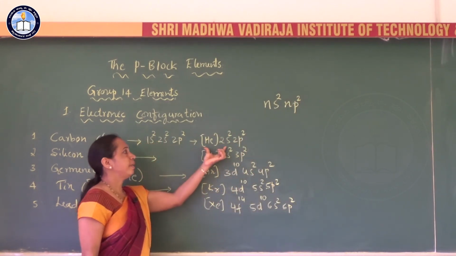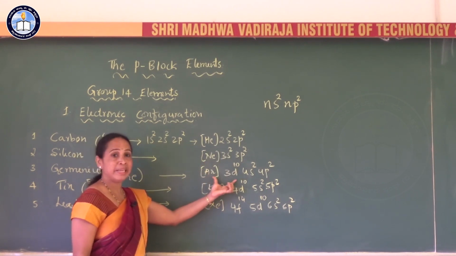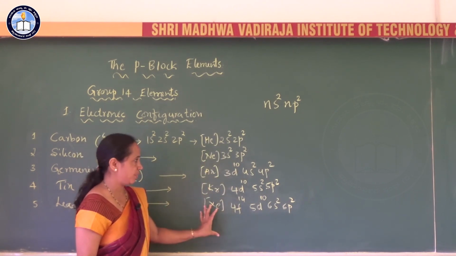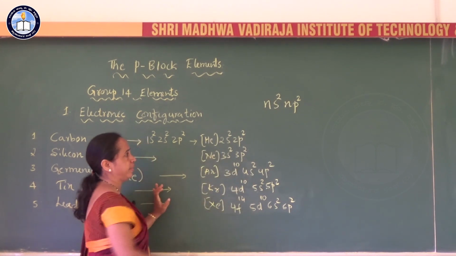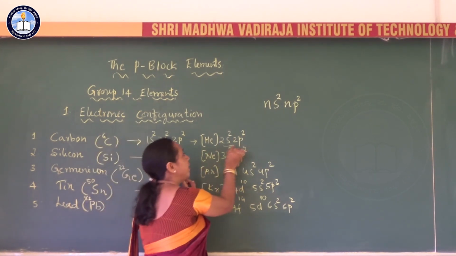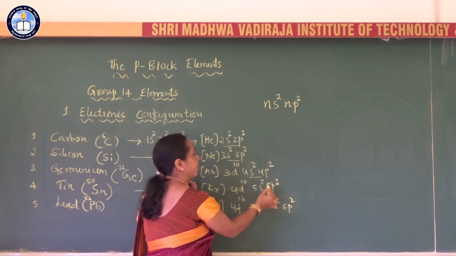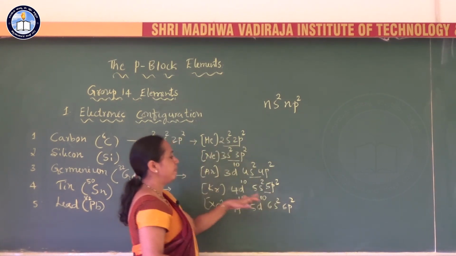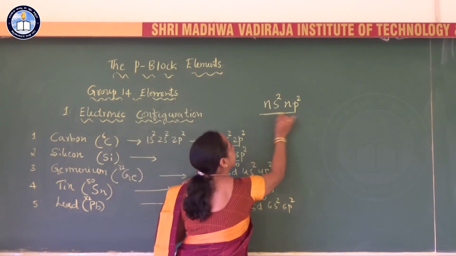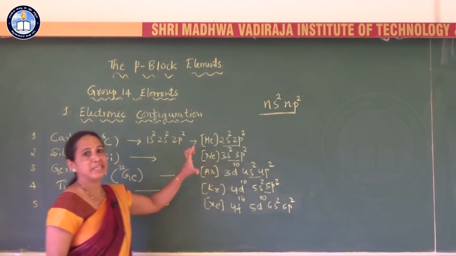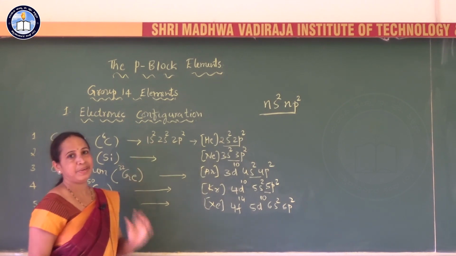But these elements differ in their inner core configuration. In the inner shells there is a difference in electronic configuration, but in their valency shell all of them possess similar electronic configuration, and this one we can represent as ns2 np2.